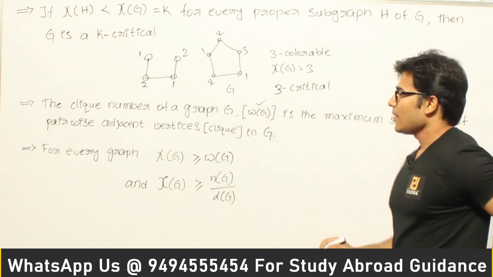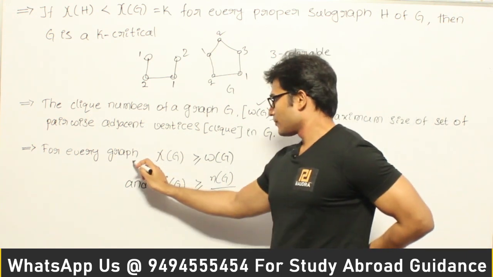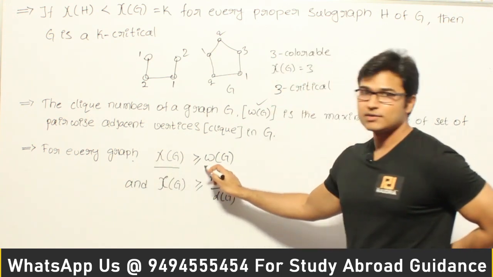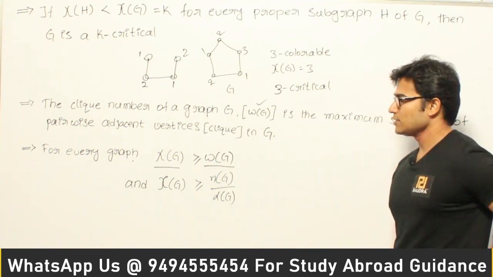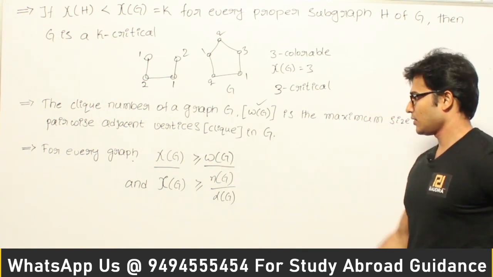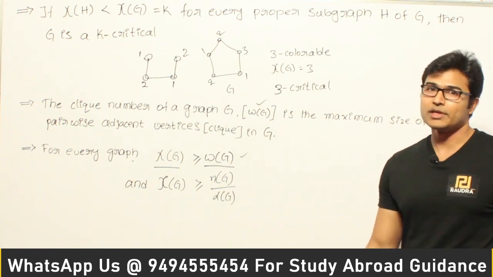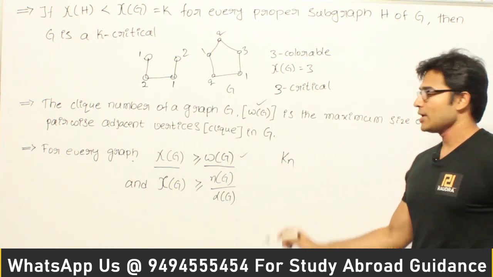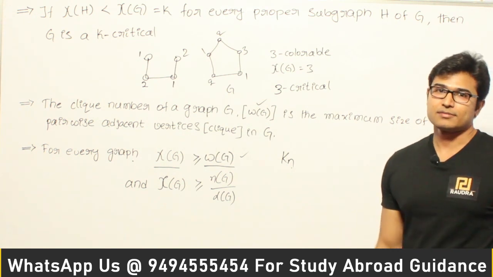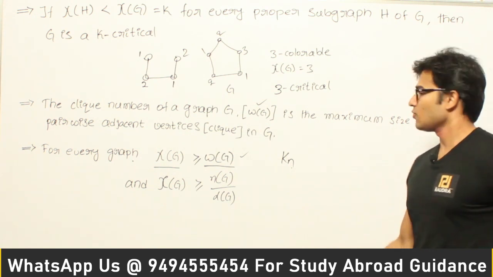Okay, now for every graph, χ(G) is greater than or equal to ω(G), right? So in order to understand this, you should understand one rule, that for a complete graph Kn, the chromatic number is always n, right? Why?